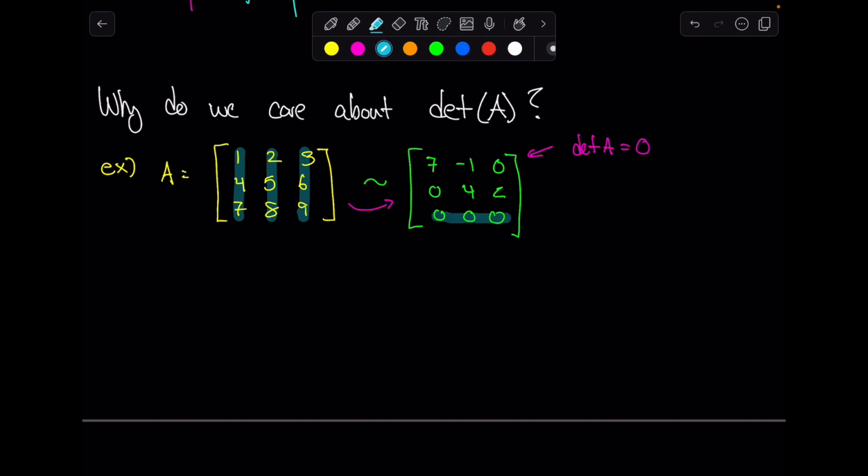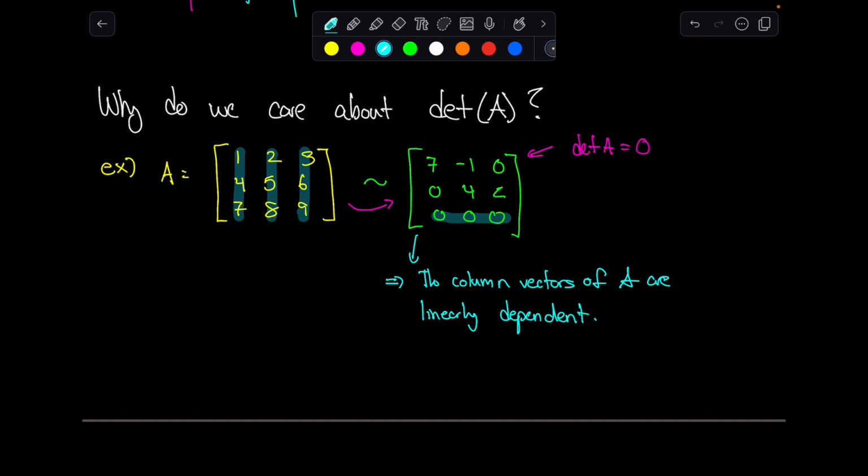What does that immediately tell us? It immediately tells us that the column vectors of A are linearly dependent.